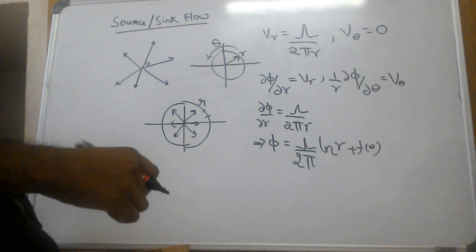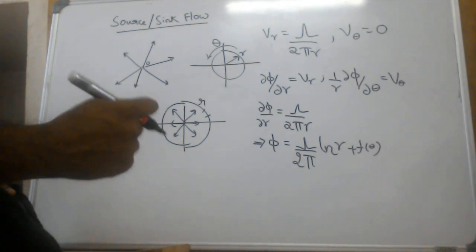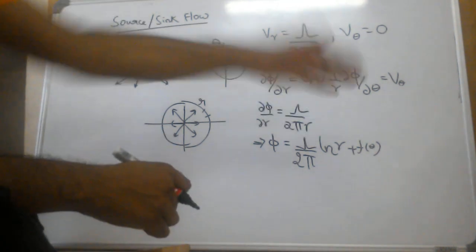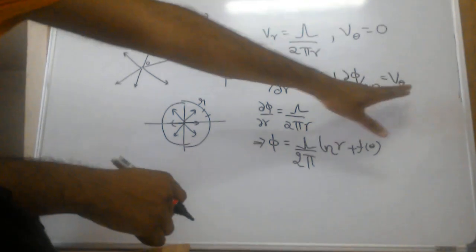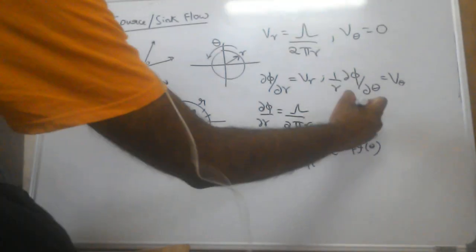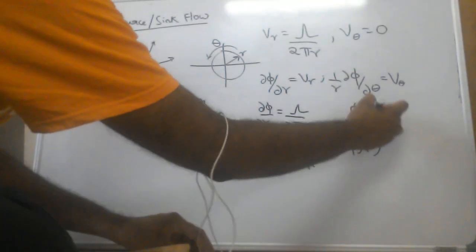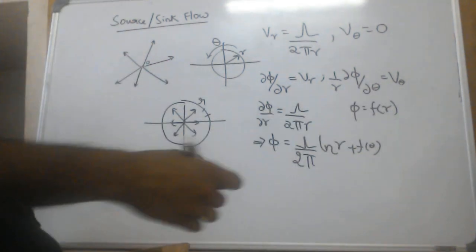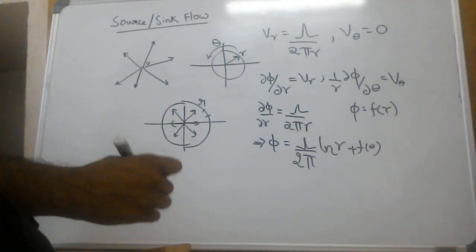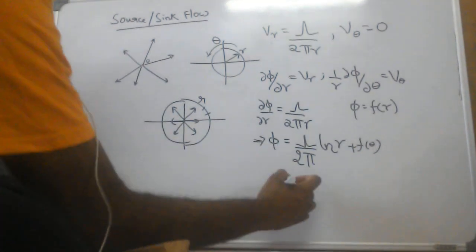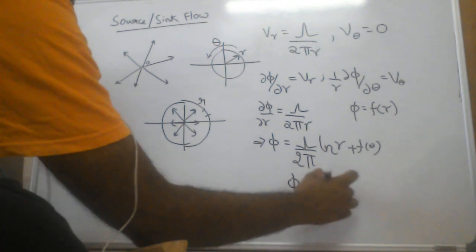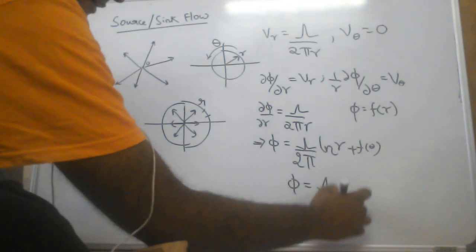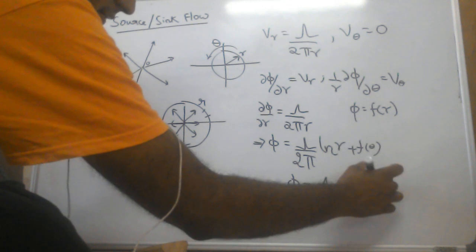Now let's look at the second equation. The second equation gives you nothing, because v theta is 0, so you can only say that phi is going to be a function of r. On combining these two, what we get is phi is equal to lambda by 2 pi ln of r.